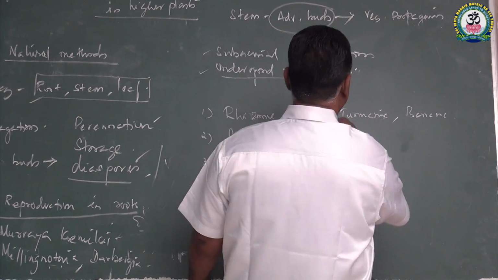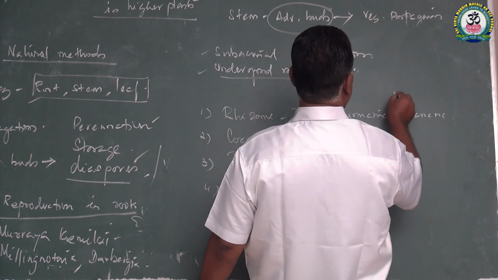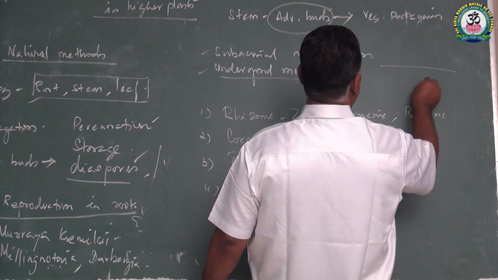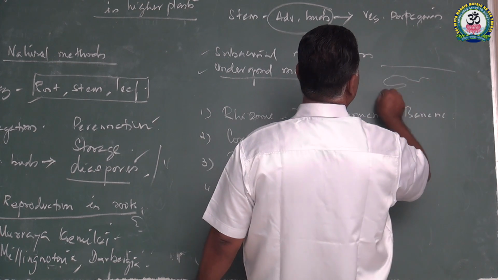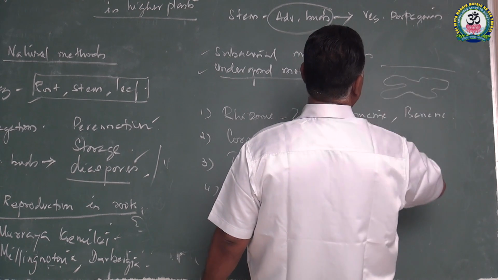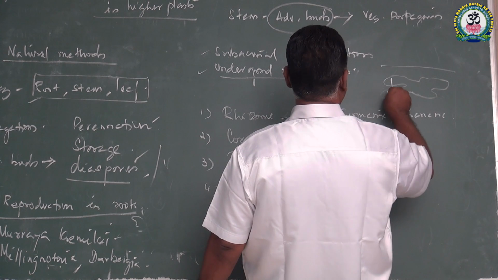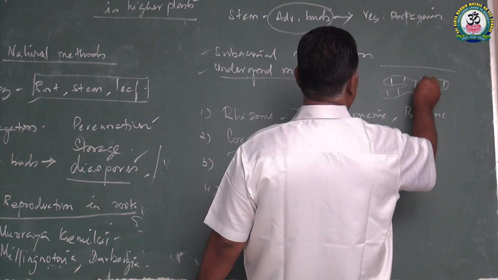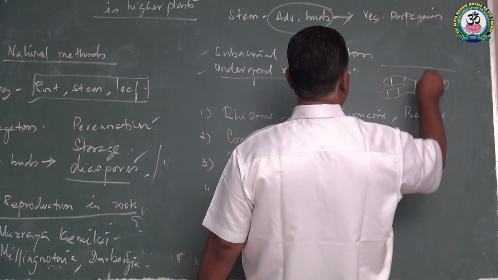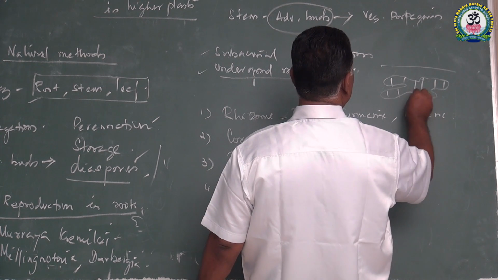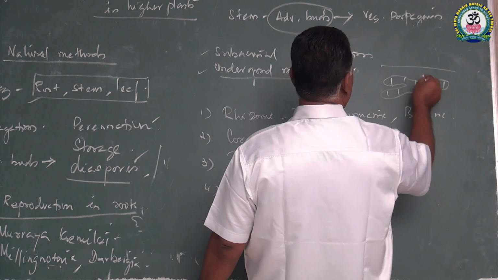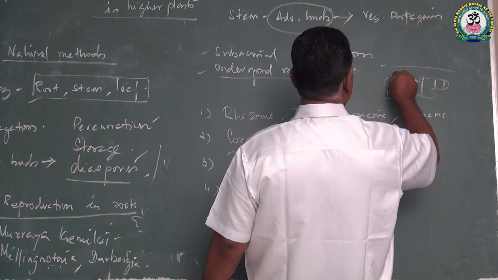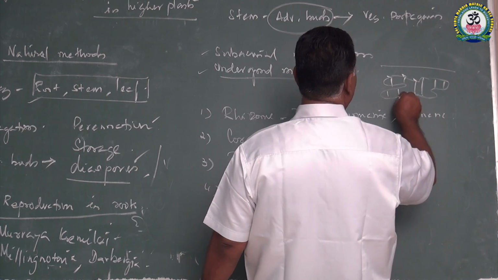See what happens actually in this. In rhizome, the underground stem grows horizontally in the soil. So we think that this is a ginger. Here these lines represent the nodes. In between two nodes there is an internode, and at the place of the node there are certain structures like this.